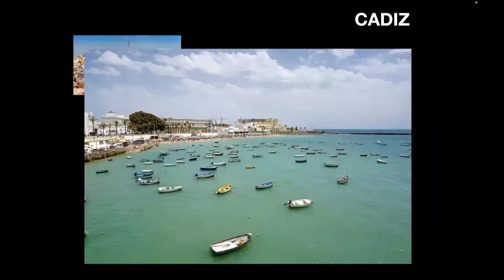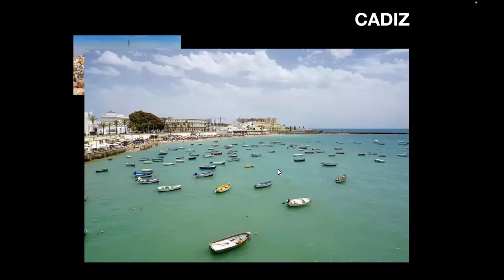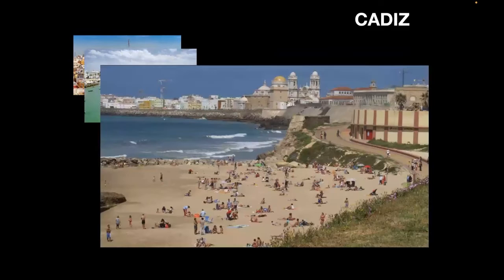So this is one of the important coastal cities, beach cities, and here we see another view of the beaches.